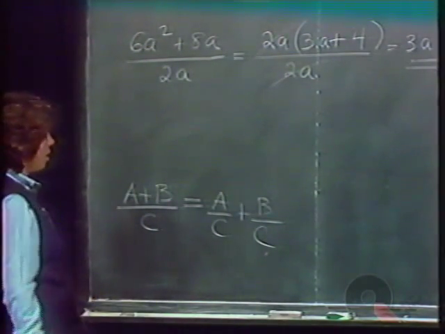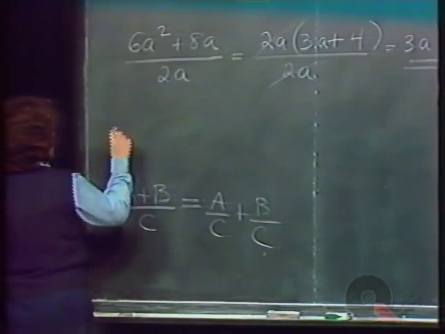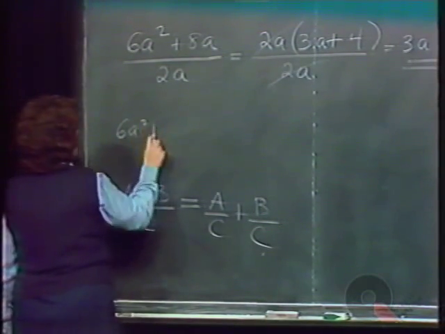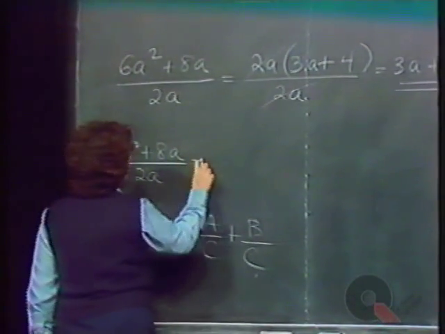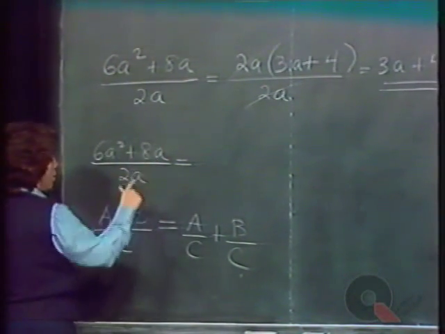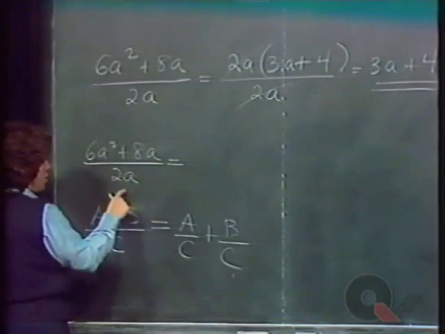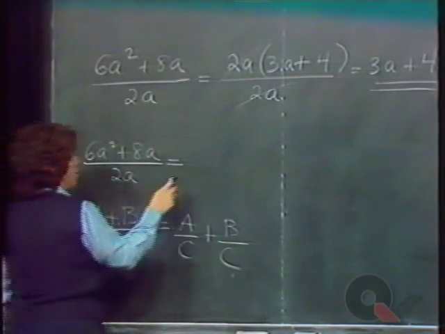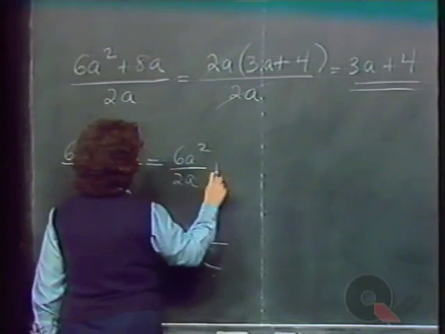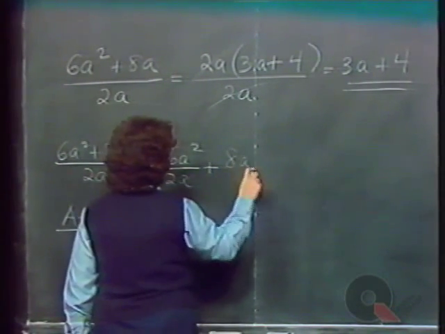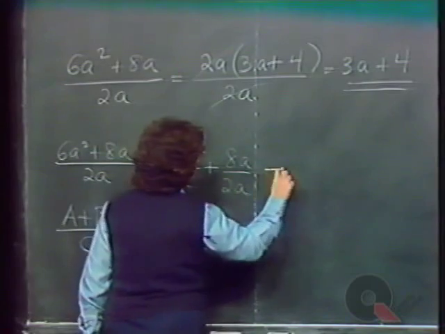Okay, so another way of handling this problem is to write it as 6a squared plus 8a over 2a, and to break it up, this is a plus b over c. Write it as a over c plus b over c. So 6a squared over 2a plus 8a over 2a.